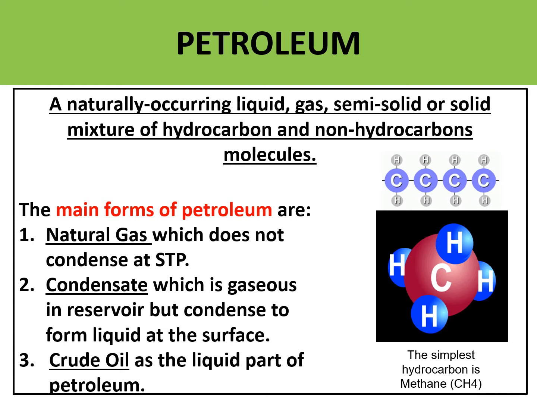So the structure above the methane consists of 4 carbon atoms and 8 hydrogen atoms with a straight chain that bonds all the atoms. This is an example of butane.